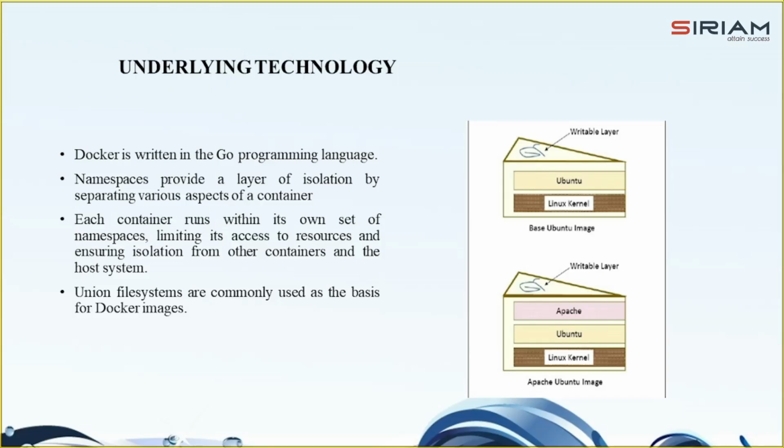So what is the union file system? This is a file system type that allows multiple directories to be merged transparently into a single directory. It presents a unified view of these directories, combining their contents while preserving their individual structures.